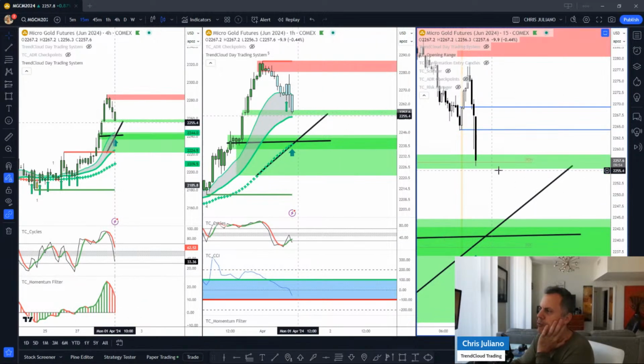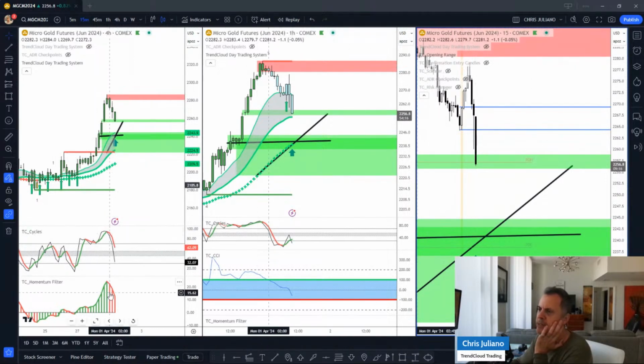So what are all the things that we have going for us with this little zone here? Number one, middle time frame uptrend. We're cycling up and we've got momentum on our side. We also have the high time frame trend with us. That's a lot of good stuff with us on this demand zone. What's going against us?